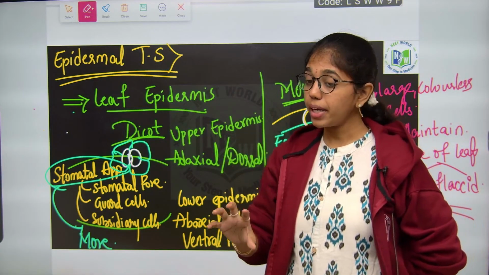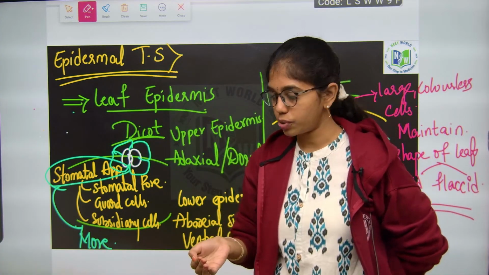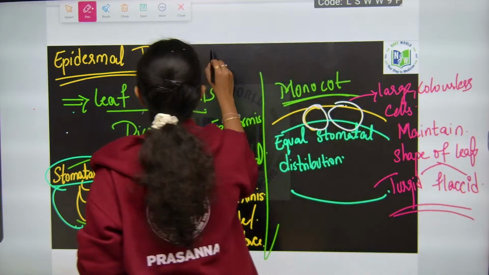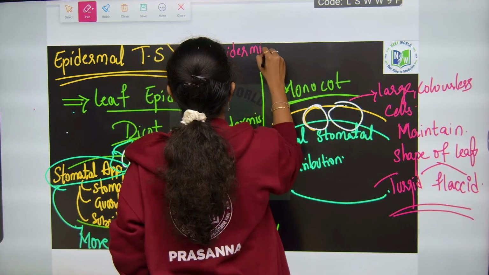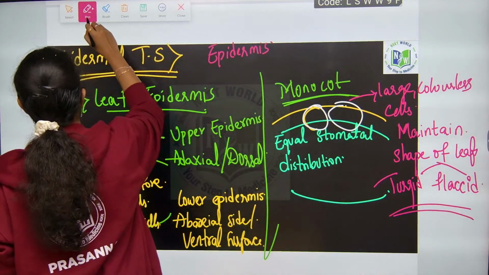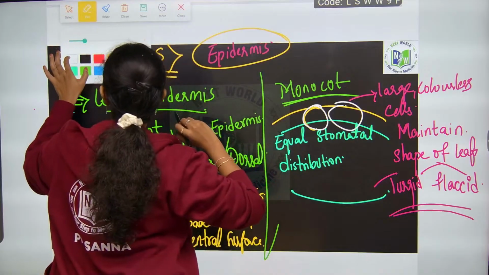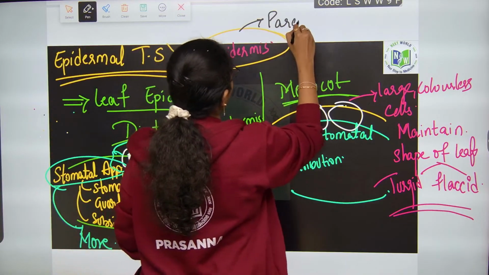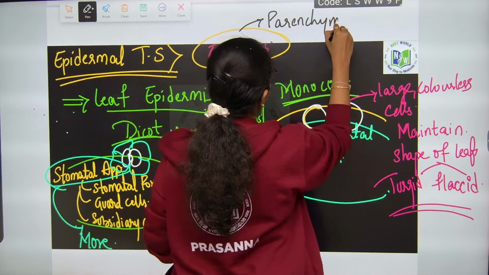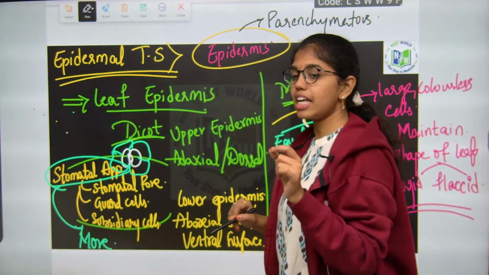Epidermis can be single layered, or in few cases it can be multi-layered as well. Epidermis is made up of what tissue? Take down: epidermis is made up of parenchymatous tissue. They are long and elongated cells with thin cellulosic cell wall.